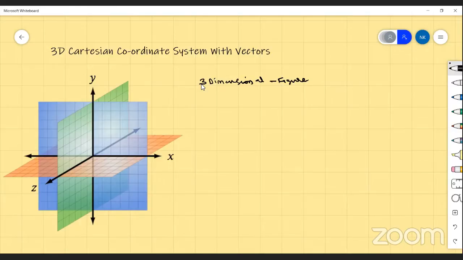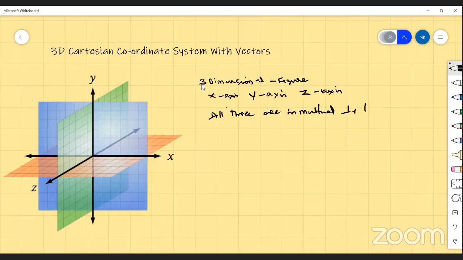We have three axes: the x-axis, y-axis, and z-axis. You know that all three are in mutually perpendicular directions. All are mutually perpendicular to each other.